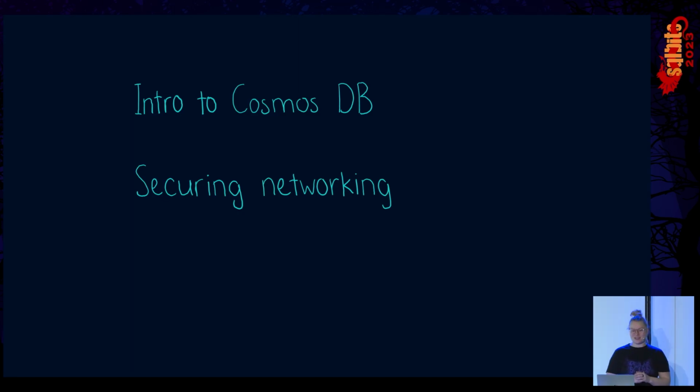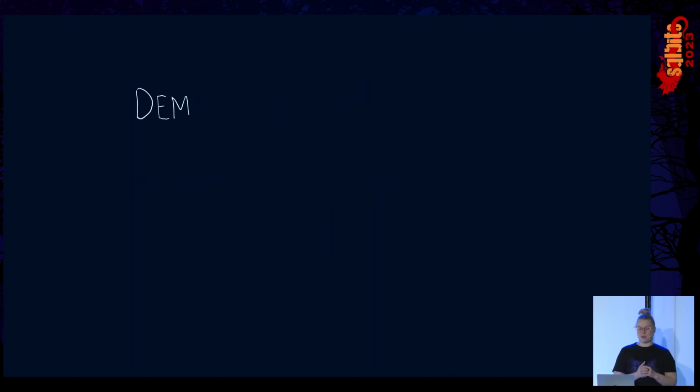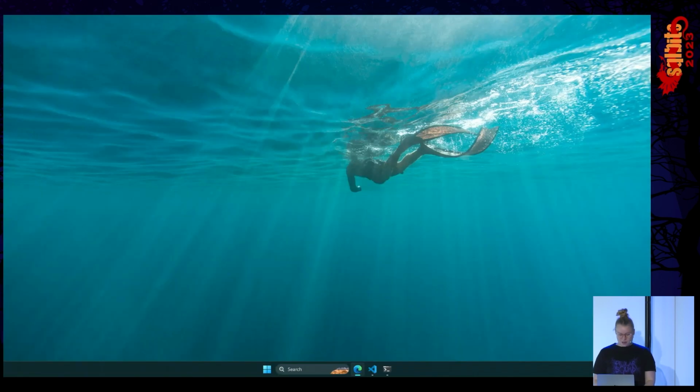So what we're going to start with is first looking at the networking side. And actually, we will jump straight into a demo because configuring private endpoints in Cosmos DB takes time. It's not a quick operation. So we want to get that rolling, and then we'll come back to the theory after the demo itself.